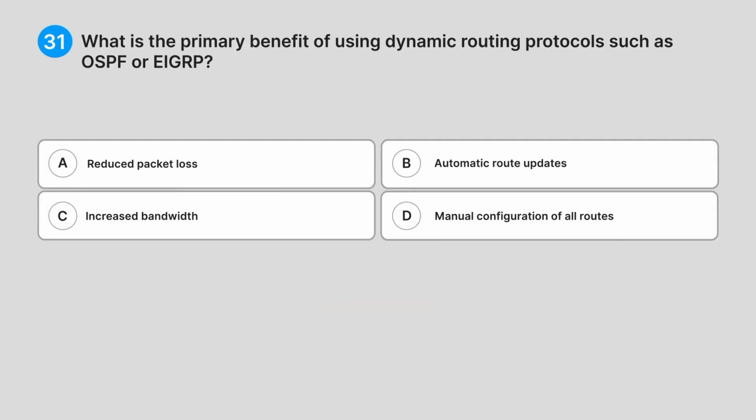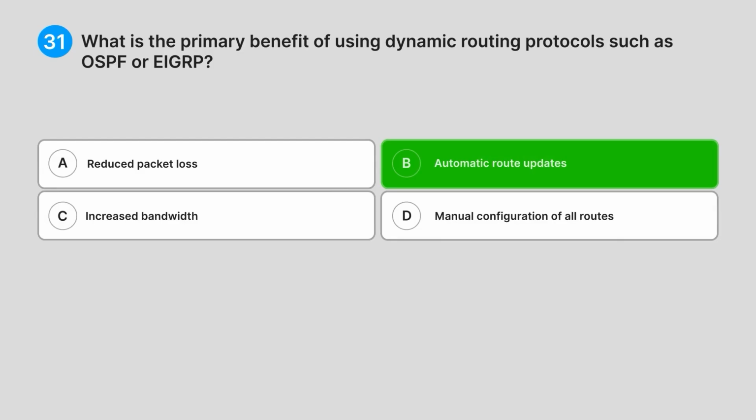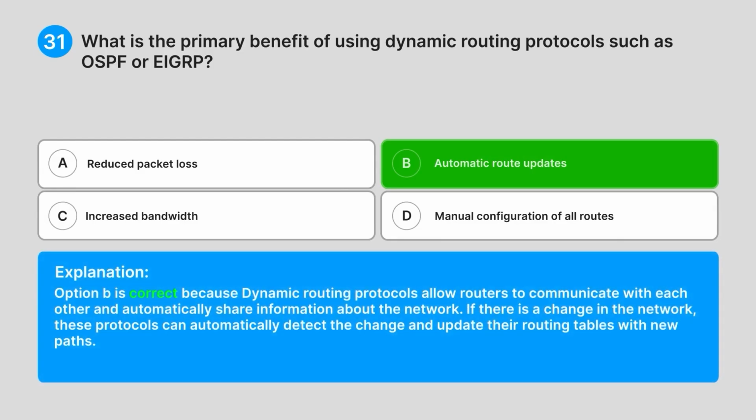Correct answer, B. Automatic route updates. Explanation. Option B is correct because dynamic routing protocols allow routers to communicate with each other and automatically share information about the network. If there is a change in the network, these protocols can automatically detect the change and update their routing tables with new paths.